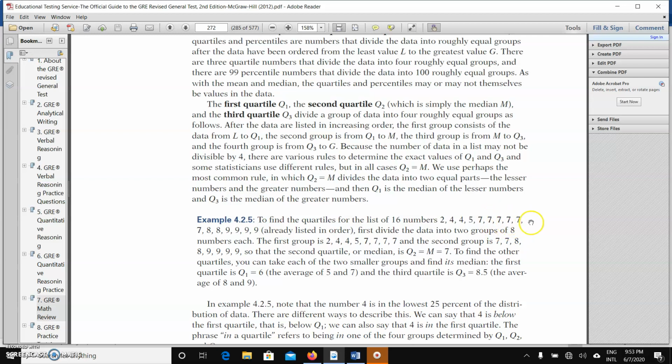That will be 7.5. When you count 1, 2, 3, 4, 5, 6, 7, you know that this 7 will just be there, and the next number will be the middle number. But because this one is 16 numbers, the half of 16 is going to be 8, and it's even, so it's balanced.